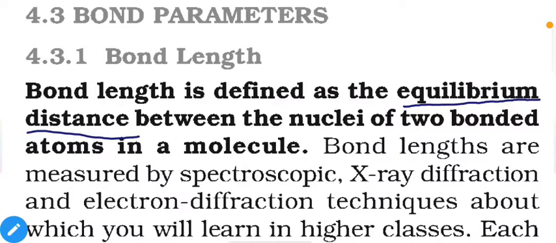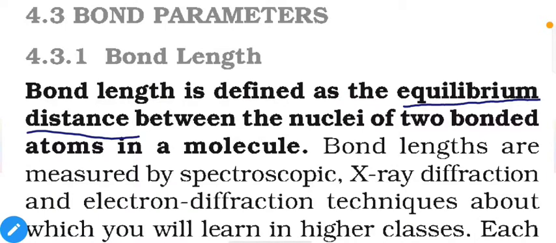Equilibrium distance: you can assume molecules as shaking spheres attached to each other. That means they are not static. If you observe the molecule at the microscopic level, then depending on their energies they are continuously shaking, moving closer to each other and away from each other.